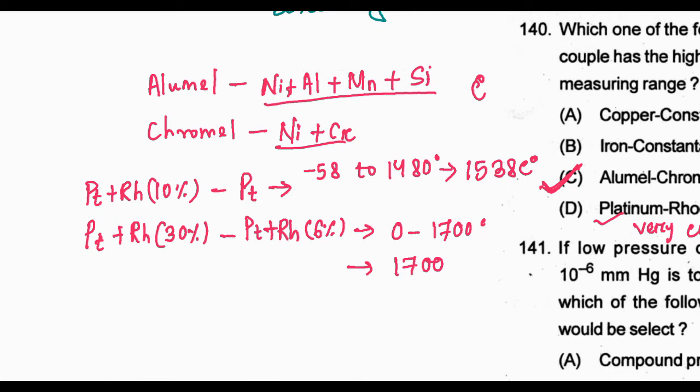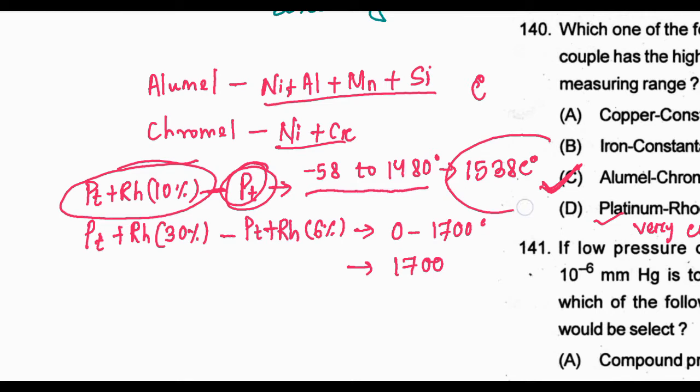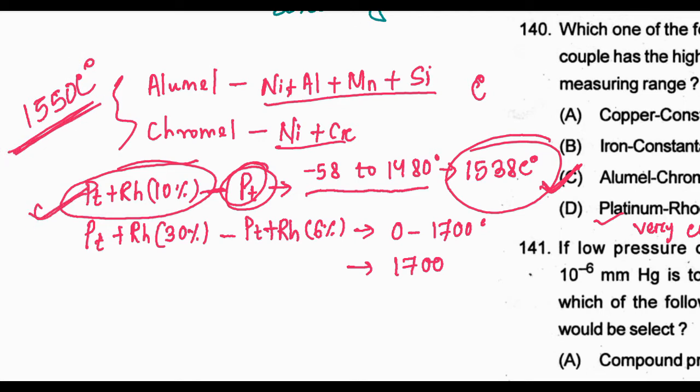One is platinum rhodium, a mixture of 10% rhodium with pure platinum. This can measure from minus 58 degrees Celsius to 1480 degrees Celsius, and the range is 1538 degrees Celsius, which is lower than alumel chromel, because for alumel chromel the range is 1550 Celsius degree. But in the case of platinum rhodium of 10% and platinum, this is only 1530.